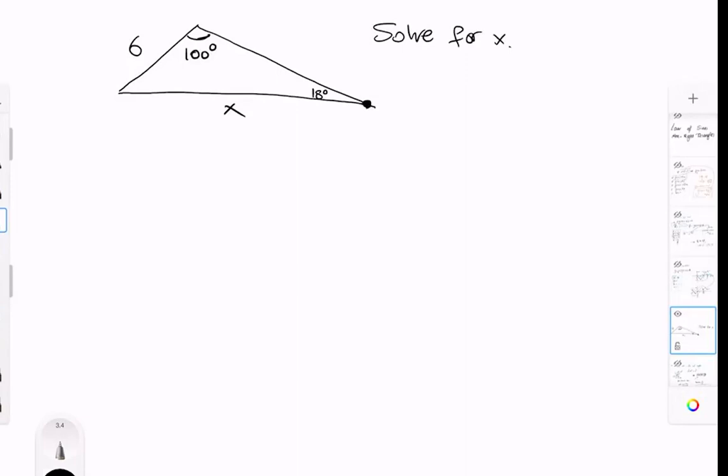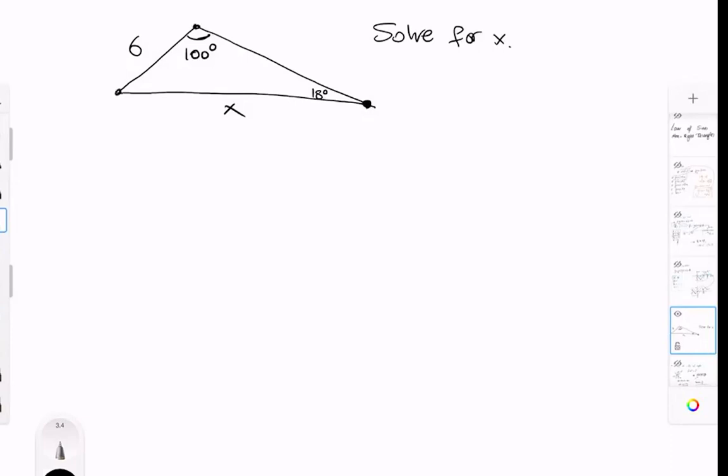How do you solve for x? I use the law of cosines. Law of cosine. So definitely we are not going to say, oh, sine of 100 equal to opposite over hypotenuse. Those opposite or adjacent over hypotenuse were only for the right triangle. This triangle is not a right triangle.